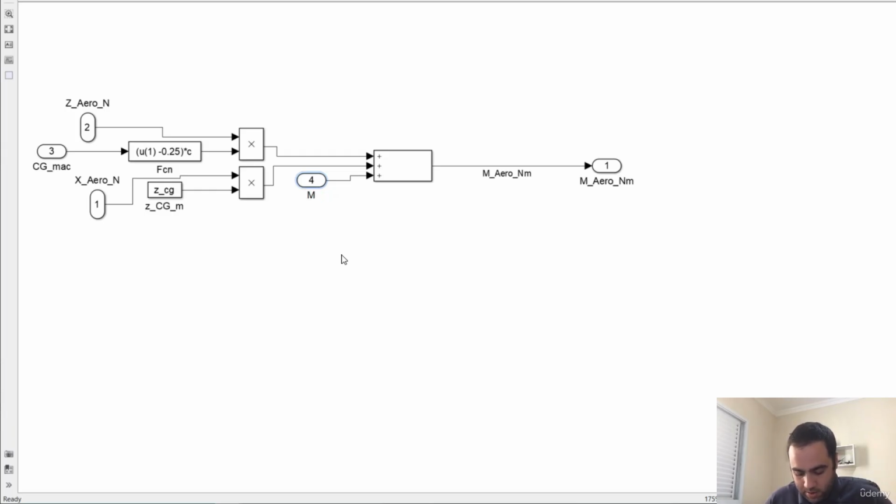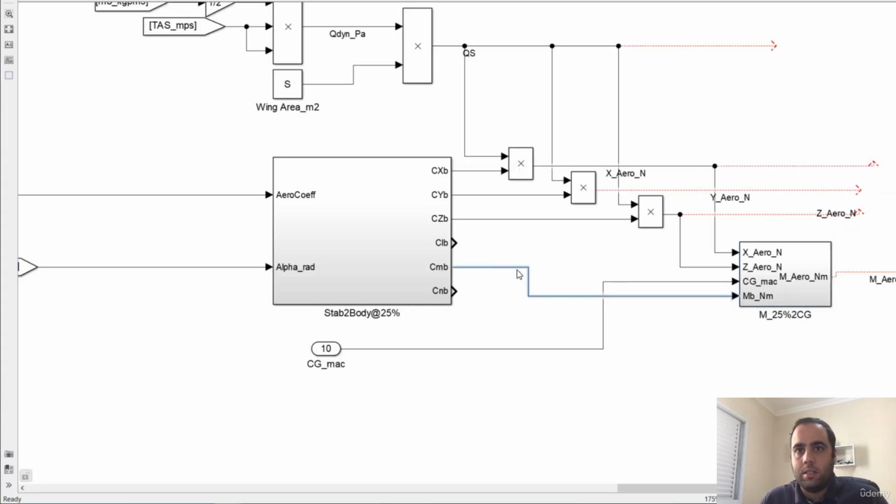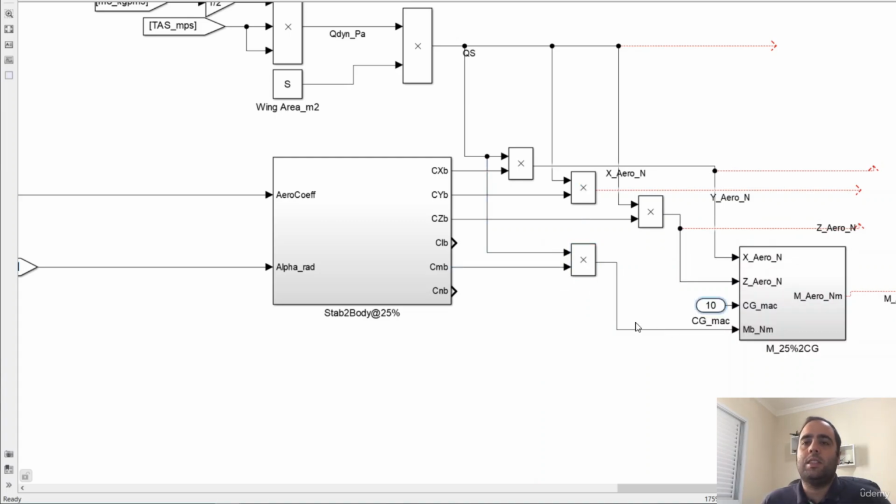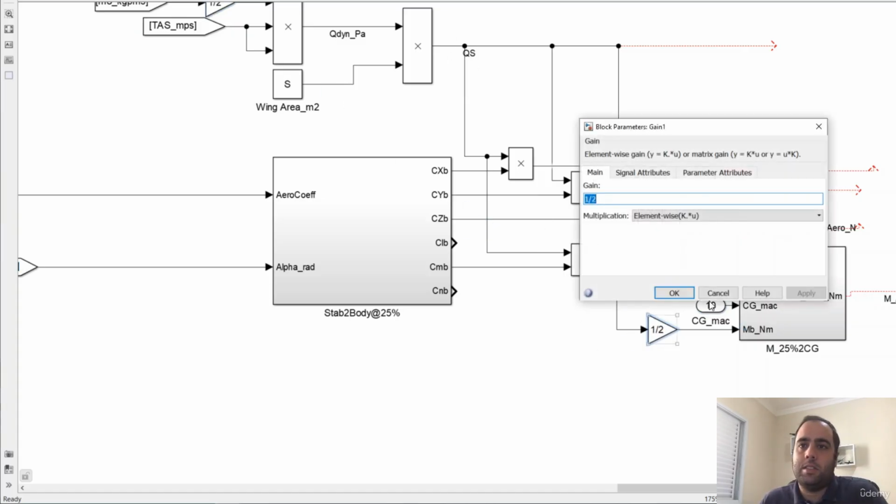So let's calculate the moment before. We'll have to multiply this by the dynamic pressure, but we'll need an additional gain here, because when you talk about moments, it's not only the dynamic pressure times the wing area, we also need the reference coordinate.